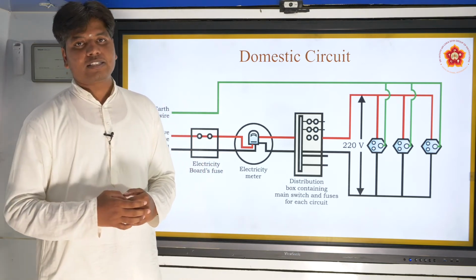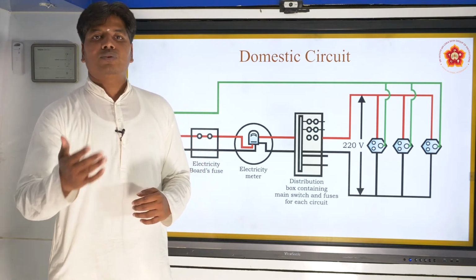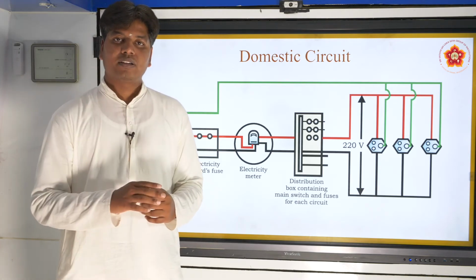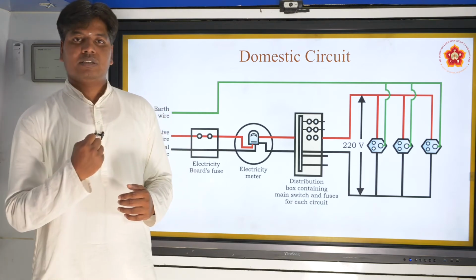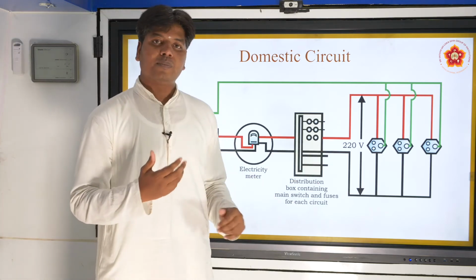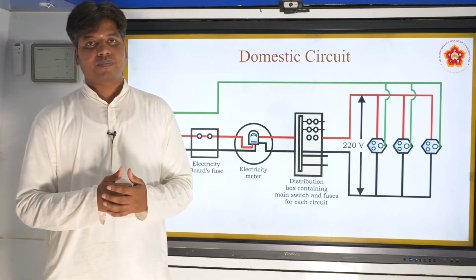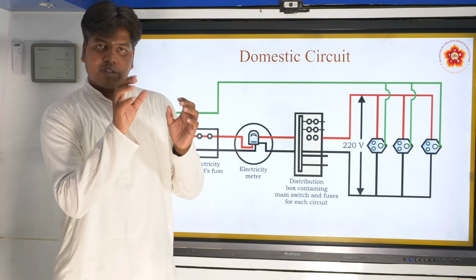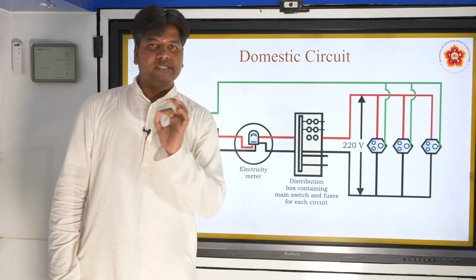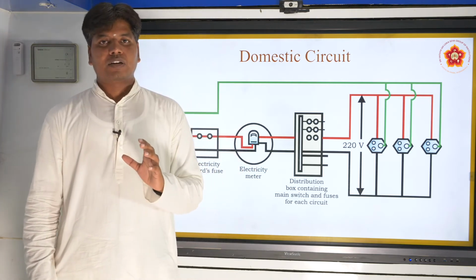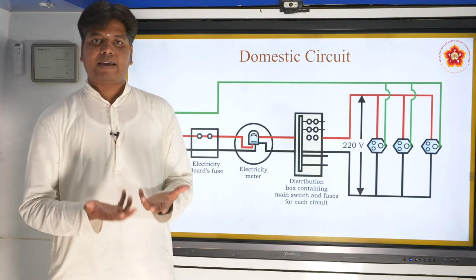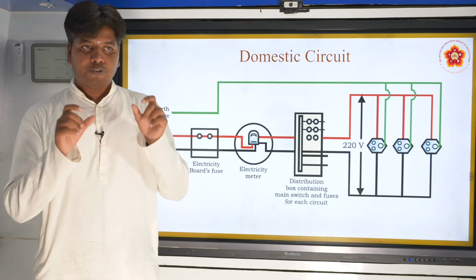If any other device has 2000 watt wattage, how much current does it want? It wants 2000 by 200, that is 10 amperes. If you put that appliance on a circuit of 5 amps, what happens? It burns, because it needs 10 amps and you are supplying 5 amps.